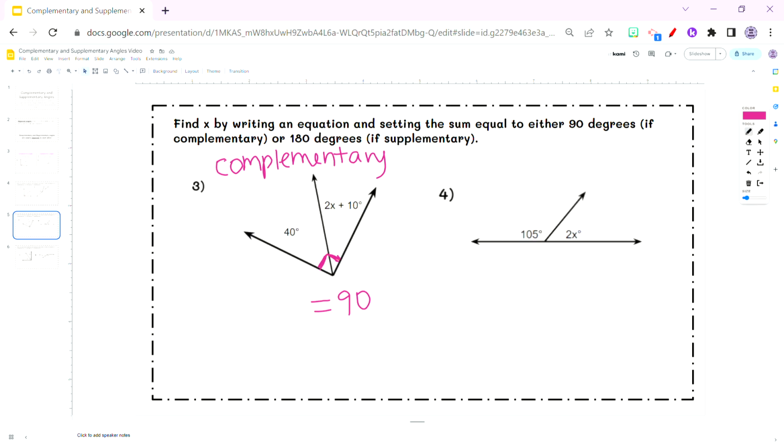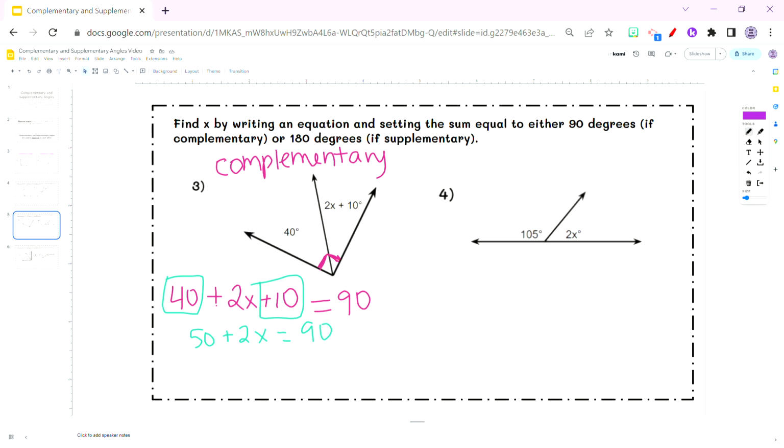Okay, so now we're going to add 40 plus 2x plus 10. I'm going to combine my like terms, so I have 40 plus 10, and I get 50. So I have 50 plus 2x is equal to 90.